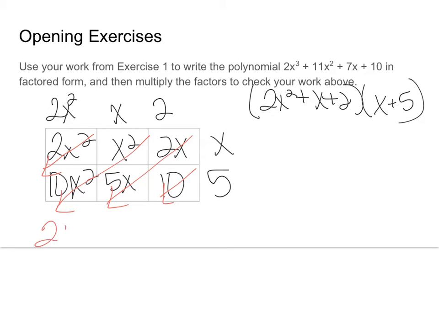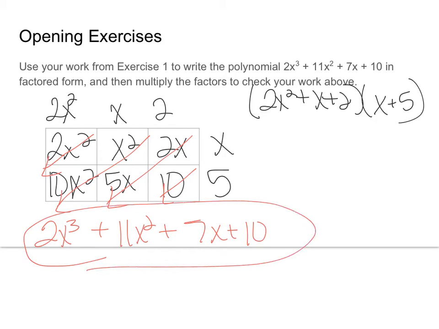I have 2x cubed plus 2x squared, 11x squared plus 7x plus 10. Okay, just making sure that we have our factors, we have our quotient, we have our product, everything. Sorry about that. There's a weather radio in here that I can't turn off.